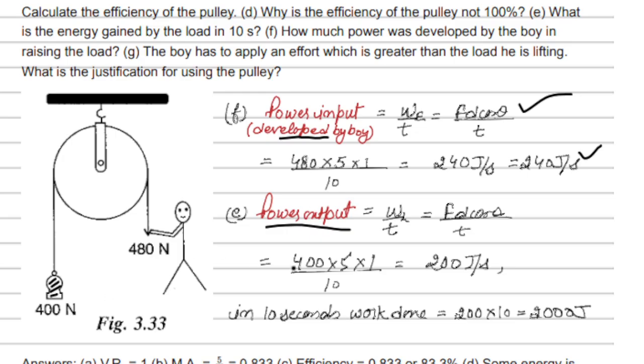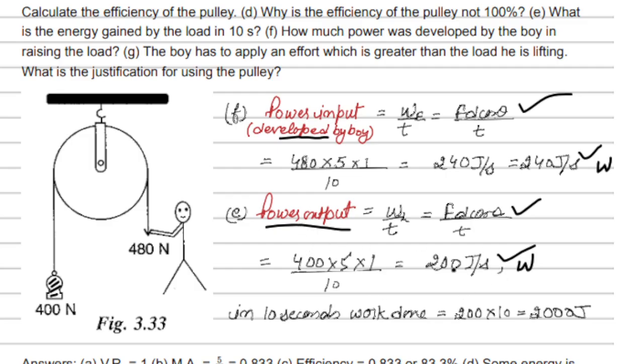So 400 into 5. Again we are using the same formula, F D cos theta. The load is here, and the tension is also here. So that's why F D cos theta. And then we will get 200 joules per second, or 200 watts. So joules per second can be written as watts also.